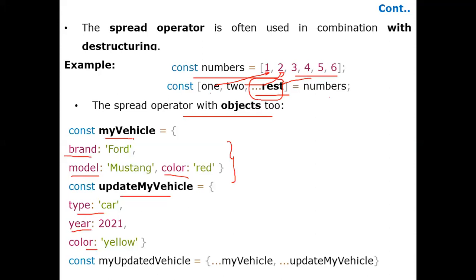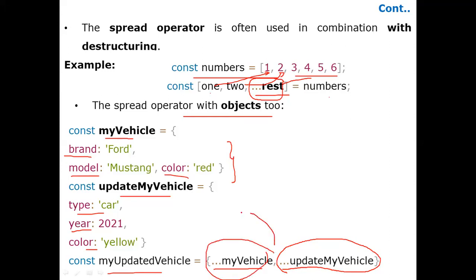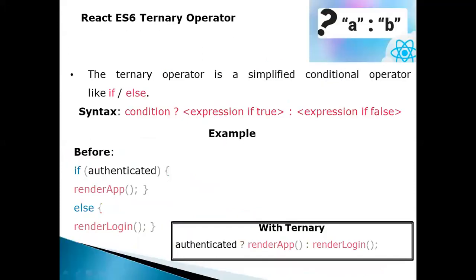So two objects are there, myVehicle and updatedMyVehicle. We copy into another object simply with dot dot dot. The three dots mean the spread operator: myVehicle, comma, three dots, updatedMyVehicle. The attributes of both objects will be copied and available in the updated vehicle. That's how we can do that.